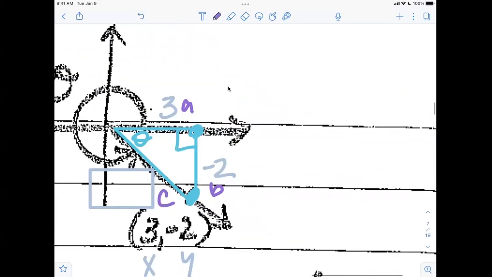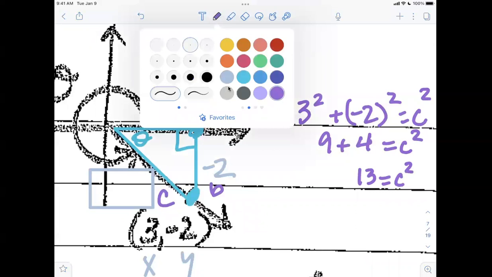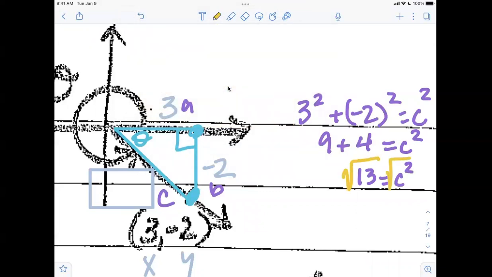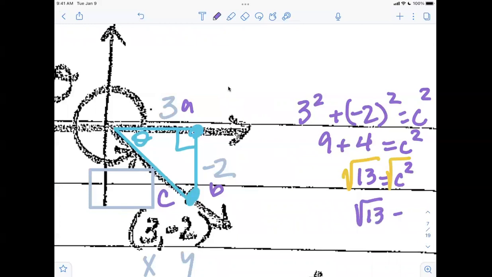In this case, we don't know what C is. So I'm going to do 3 squared plus -2 squared equals C squared. 9 plus 4 equals C squared. 13 equals C squared. And then square root. Square root of 13, I don't even have to simplify that. So radical square root of 13.